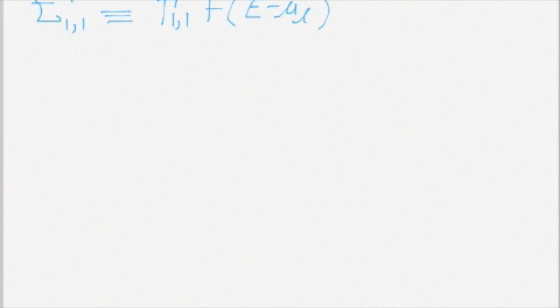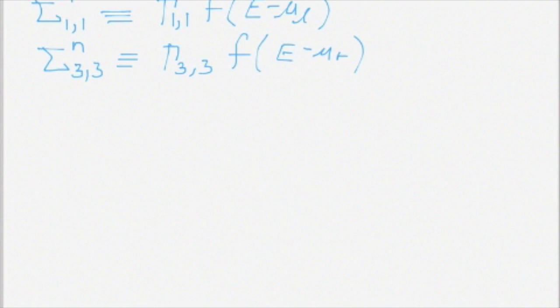And similarly for the other term, call this sigma n 3, 3, this gamma 33 F of the right contact.